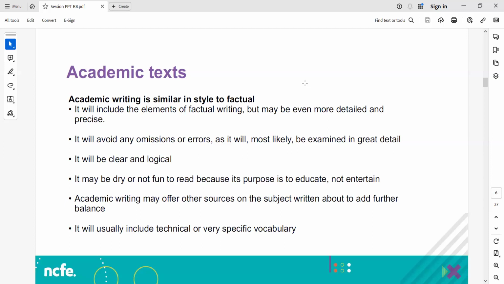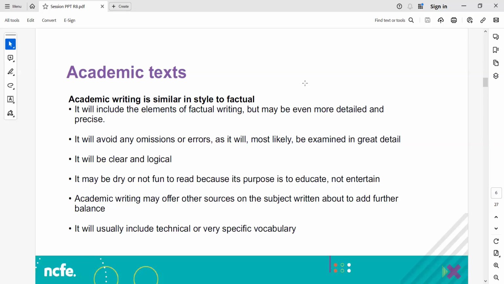So any errors or omissions will quickly be spotted. It will be clear and logical. It may be dry or not fun to read because it's not there to entertain, it's there to inform, to educate.